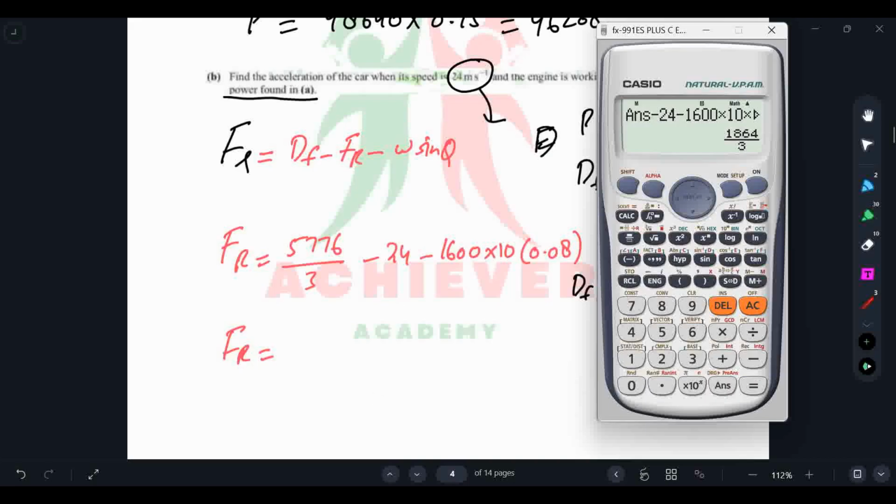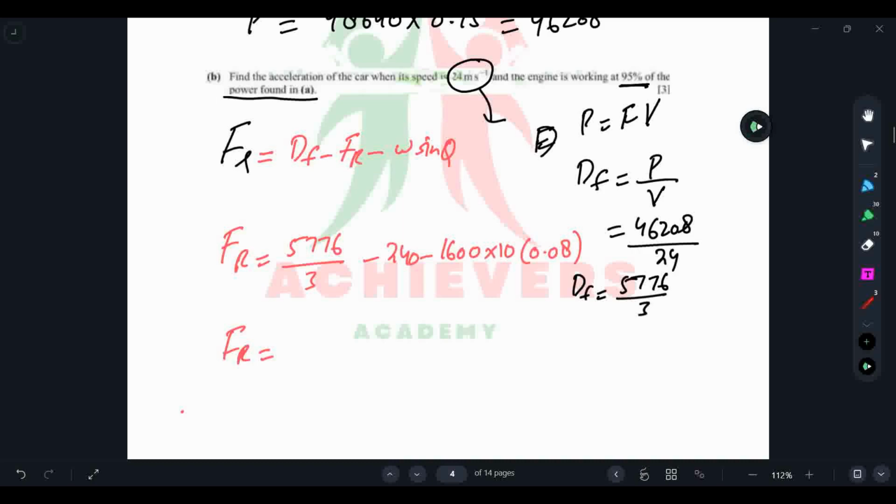Now there is a slight change: the resistive force is 240, so we need to change it over here, this should be 240. Now if we calculate it, this will be 1216 over 3. So if we simplify it, we will get the final answer. Let me write it over here, 1216 by 3.